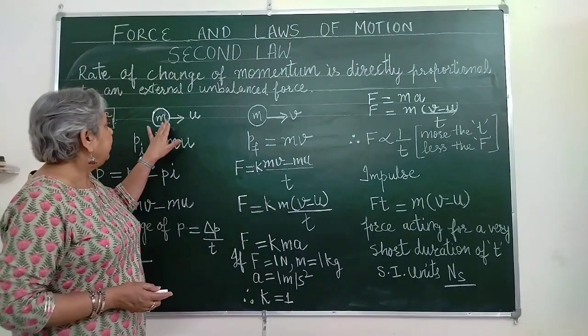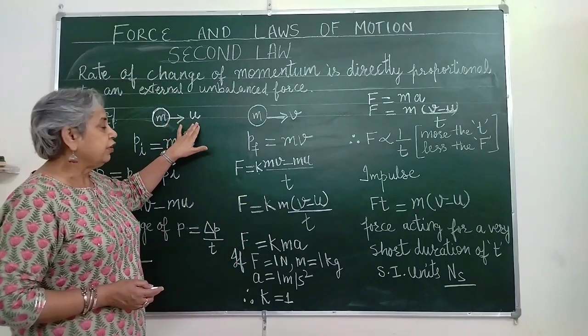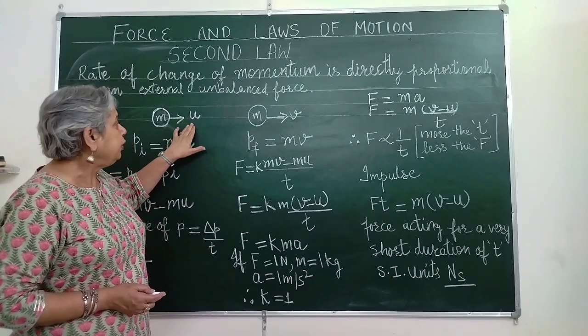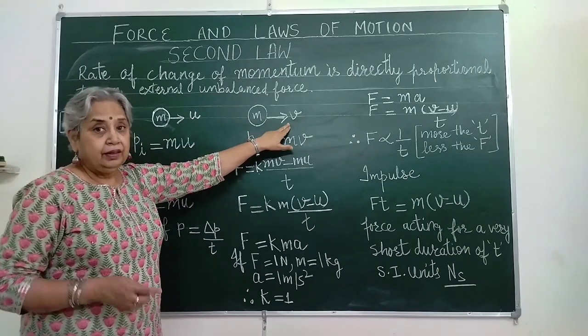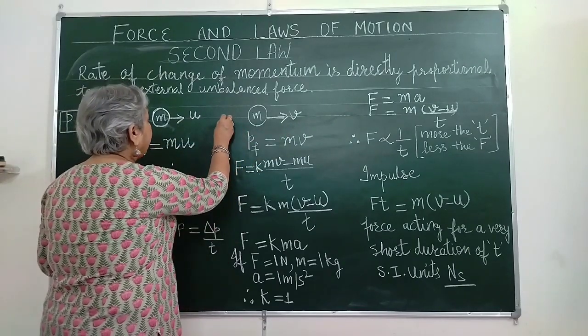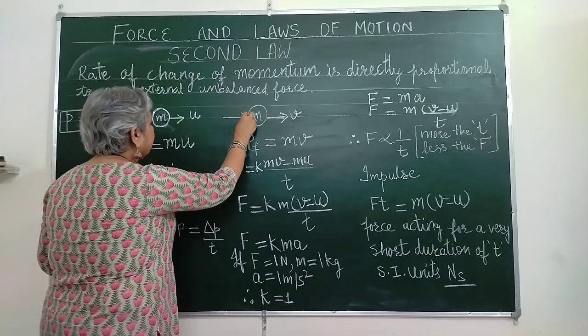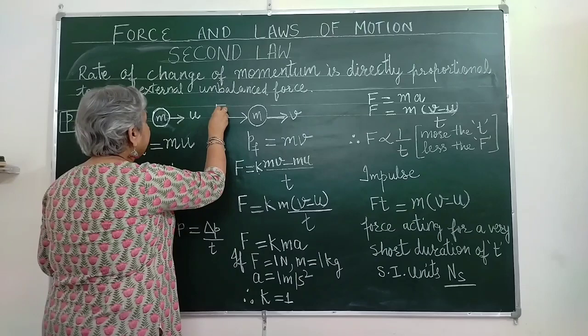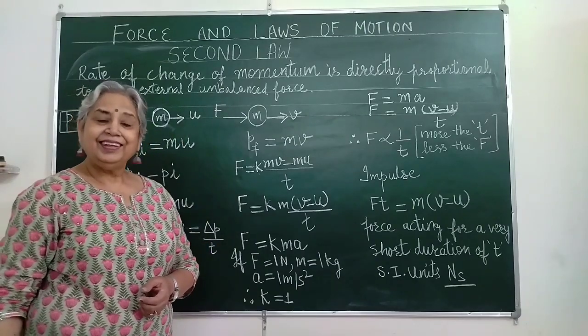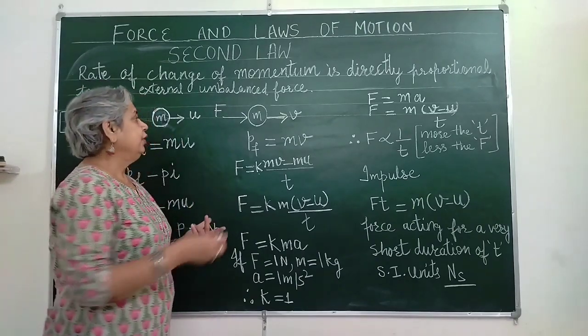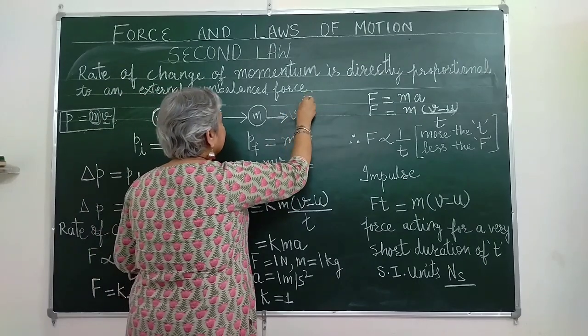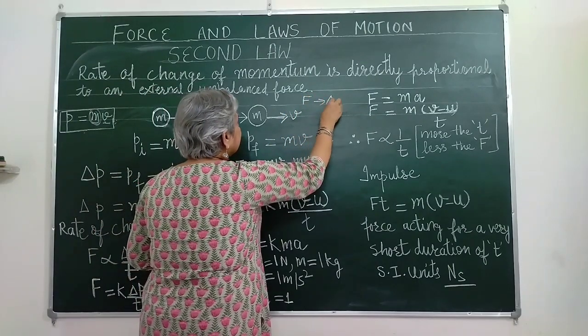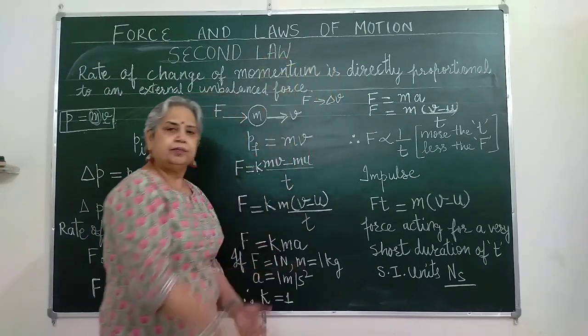If we want its velocity to change from u to v, then we have to apply an external unbalanced force, let us say F. Now what did F do? F changed the velocity.